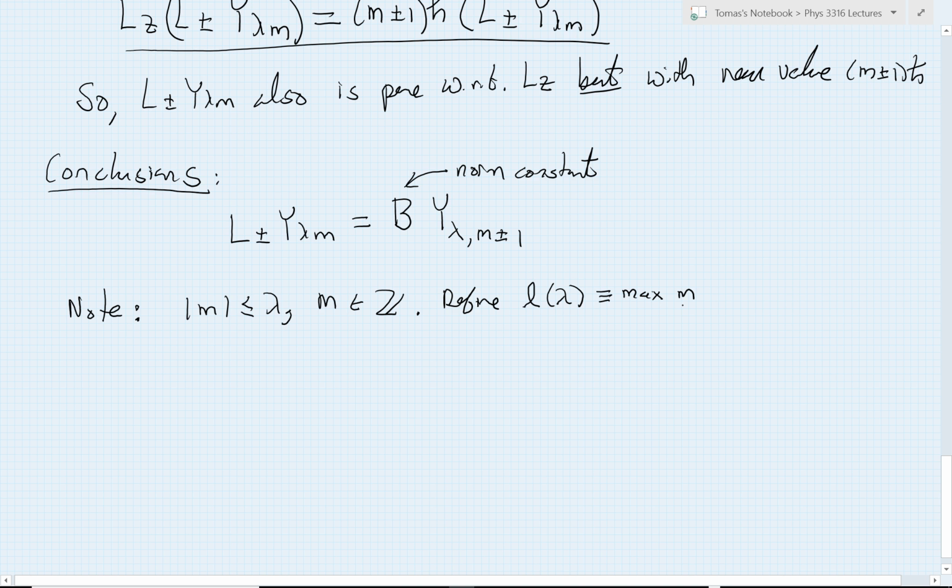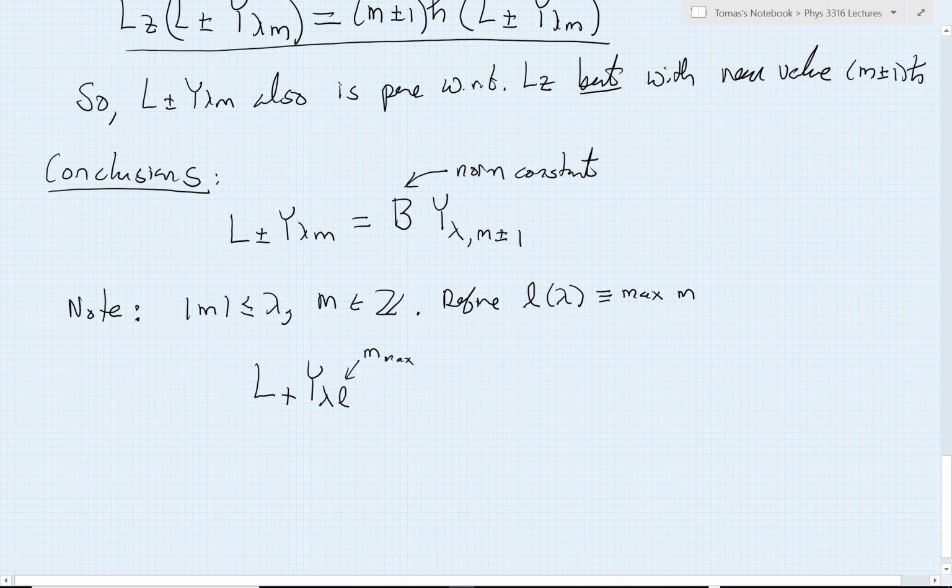And then we can ask what will happen if I apply L plus to that Y lambda L state, where L, remember, is just this maximal possible value of M. I could write it as M sub max, just as a shorthand to remind myself what I'm doing.